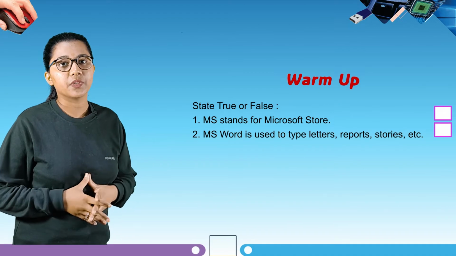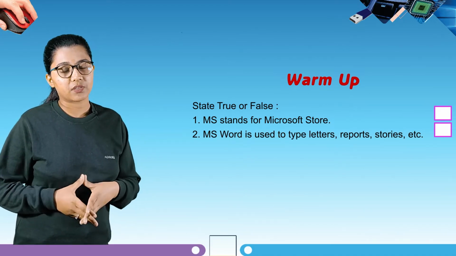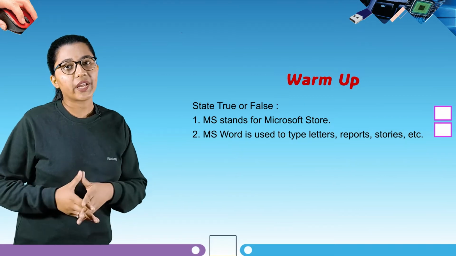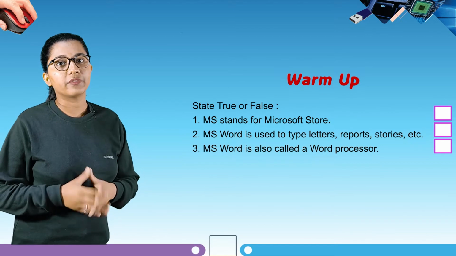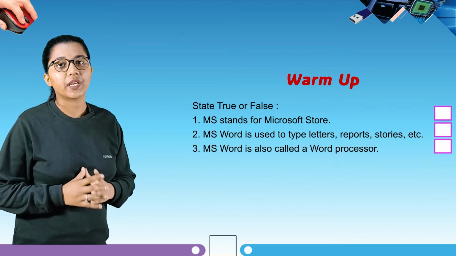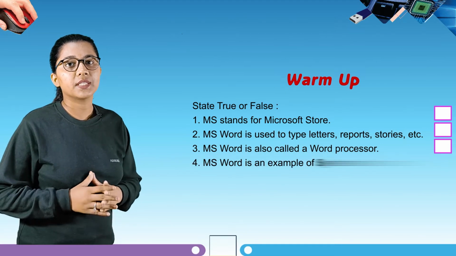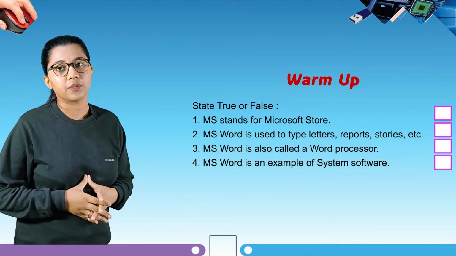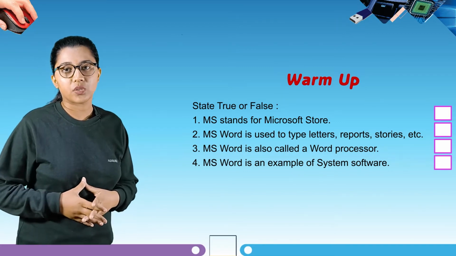Second, MS Word is used to type letters, reports, stories, etc. Write T or F. Third, MS Word is also called a word processor. You have to write T or F in the box. MS Word is an example of system software. So students, write T or F in the given box.